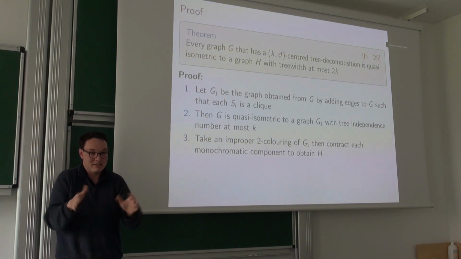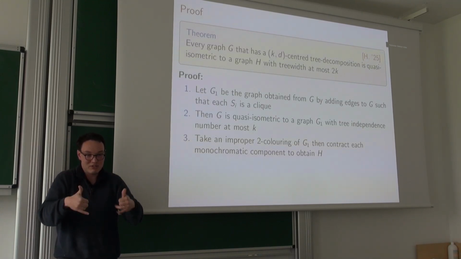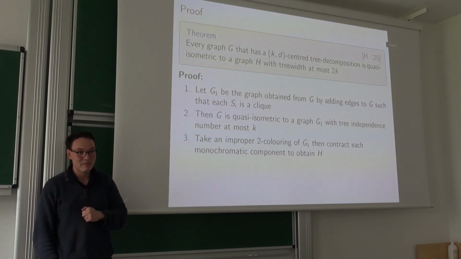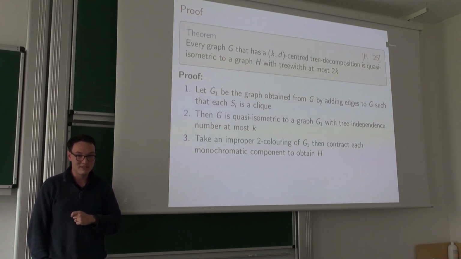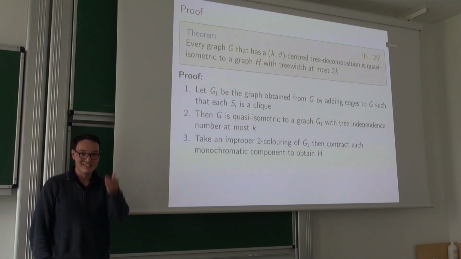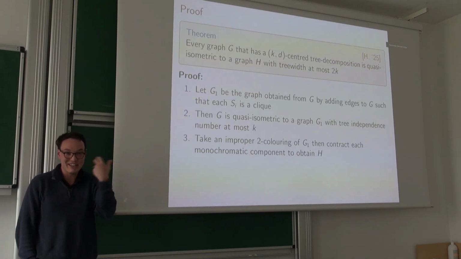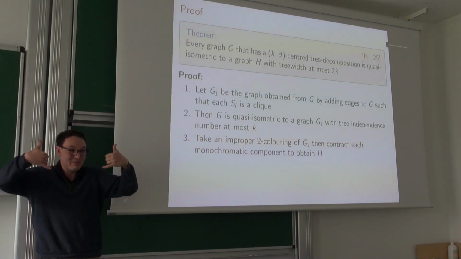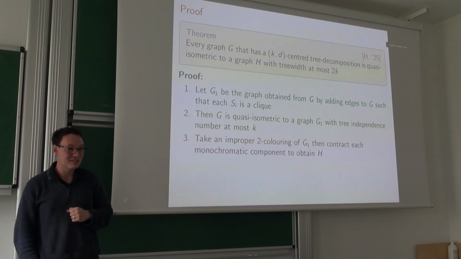So each bag induces a bipartite graph with independence number at most k. So how many vertices can be in a bag? That isn't a rhetorical question. At most 2k. Yeah, thanks, Freddie. Each bag can only have at most 2k vertices, because it's a bipartite graph where each side of the bipartition has at most k vertices.